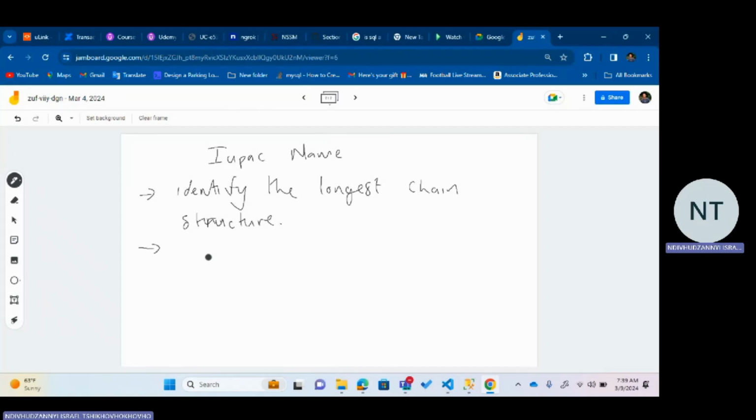Then the second thing you can do is to number from one to the last carbon of the longest chain you've identified.